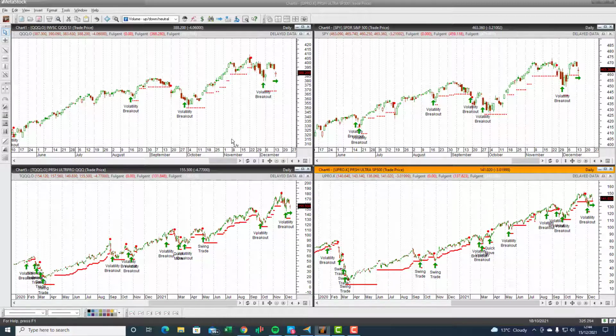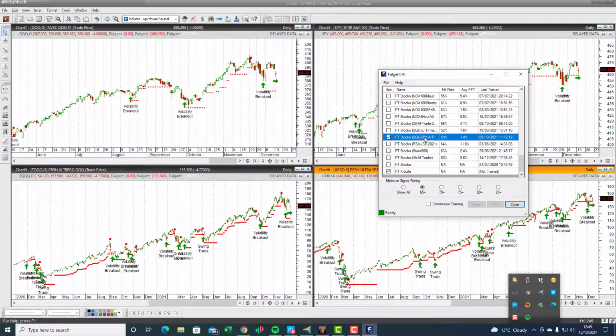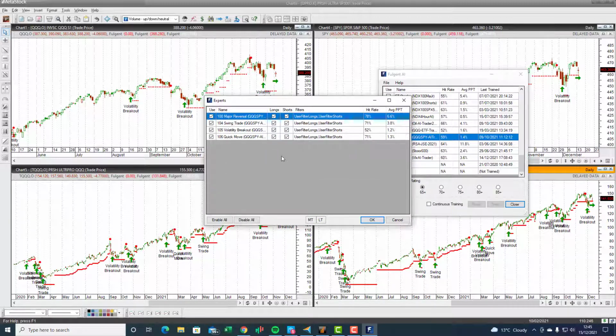We'll start with the QQQ, but before I start, the AI engine that we're using has been trained on the QQQ and the SPDR ETFs. And here are the trading statistics. The major market reversal signals are on average 78% accurate, with an average profit per trade of 6.6%. The swing trade is on average 71% accurate, with a 3.8% average profit per trade.